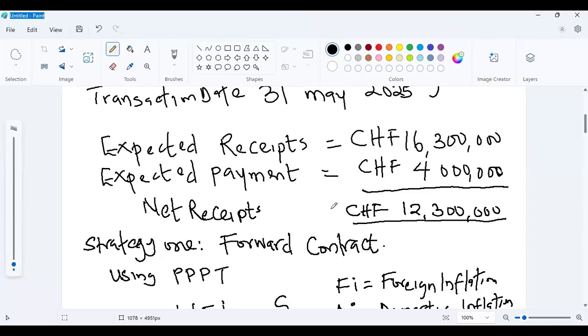So for this transaction, the customer is the seller and the bank is the buyer.